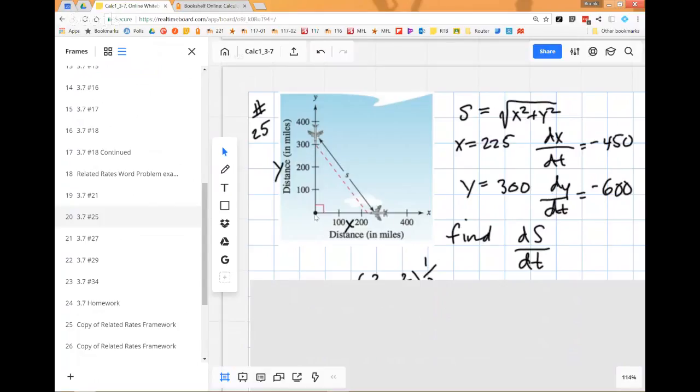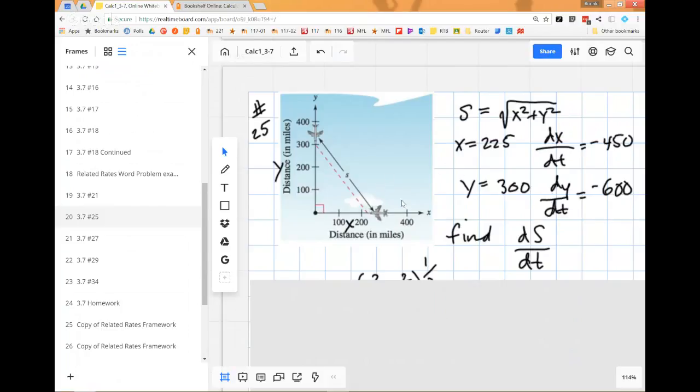It's 300 miles from where it would collide, and it is heading at a speed of 600 miles an hour. Why did I write a negative? Because it's going downward. It's decreasing at the rate of 600. That was given to us.